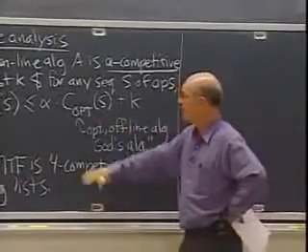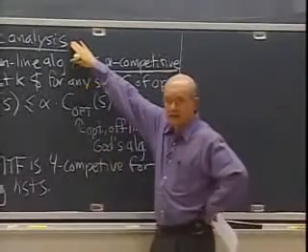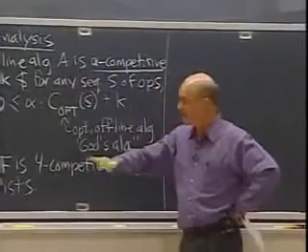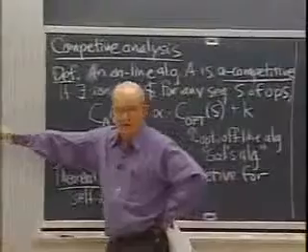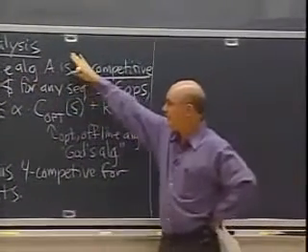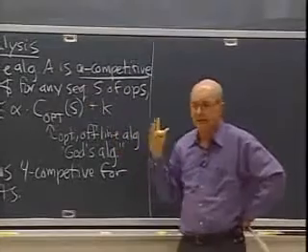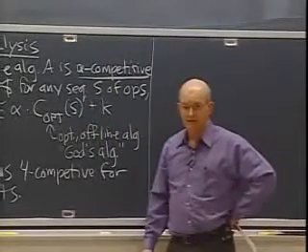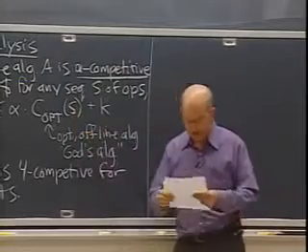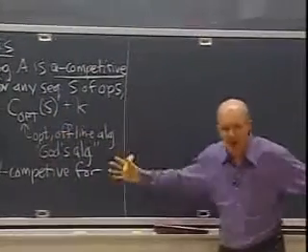Almost all online algorithms today are analyzed using some kind of competitive analysis. Not always. Sometimes you do probabilistic analysis or whatever, but the dominant thing is competitive analysis, because then you don't have to make any statistical assumptions. Just prove that it works well no matter what. This is remarkable, I think. Isn't it remarkable?